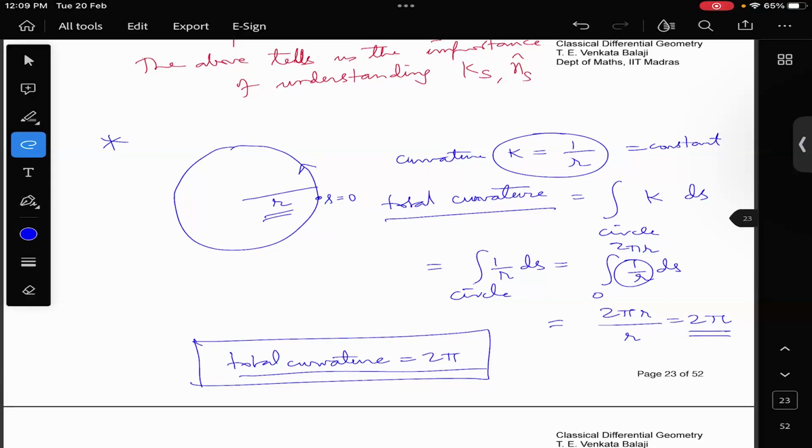Now this is a paradigm for a very general thing called the Gauss-Bonnet theorem, which says that total curvature is always a constant. We are going to see this for curves, and for surfaces also, where it is most spectacular. For curves, we have a spectacular version called Hopf's Umlaufsatz, which means Hopf's rotation theorem.